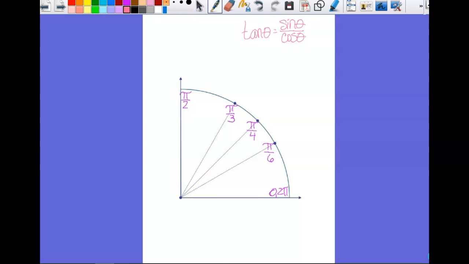And I didn't tell you you had to know your tangent values today. I said today you had to know your first quadrant angles and your ordered pairs, your sine and cosine values. But let's just see what we can dig out of our brains for tangent, okay?